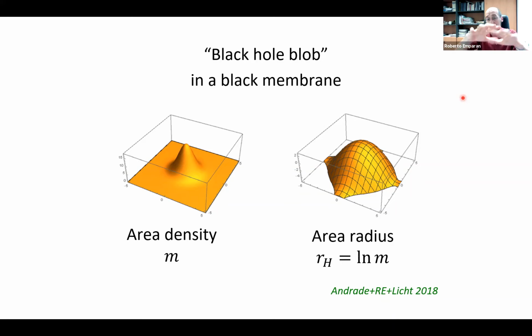Those equations have solutions for Gaussian blobs. We can show that these blobs appear as the large-D limit of, say, a Schwarzschild black hole. Those are explicit solutions. We know them in every dimension, and we know that these blobs capture very well the properties of Schwarzschild black holes or even rotating black holes.